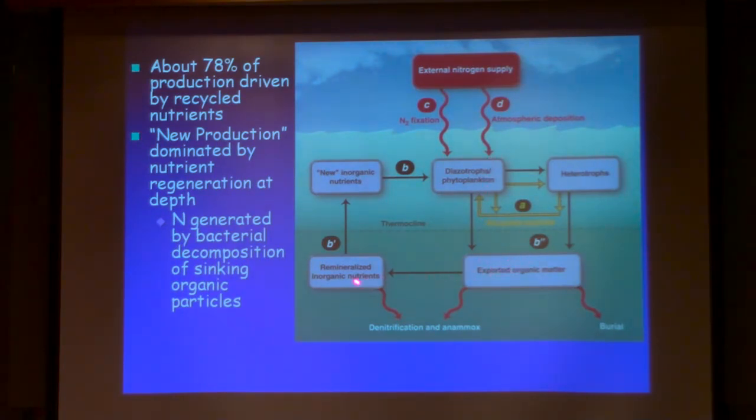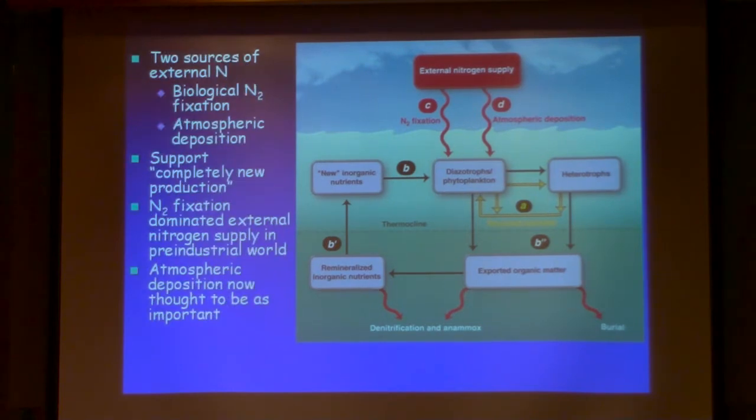When that occurs, those nutrients, or the inorganic nutrients that are released, eventually get returned to the surface, and that's what has been termed new production. So it's new production, even though it's recycled, it's new to this thermocline because it comes up via the deep ocean. And it's returned to the surface ocean. There are two sources of externally supplied nitrogen to the ocean.